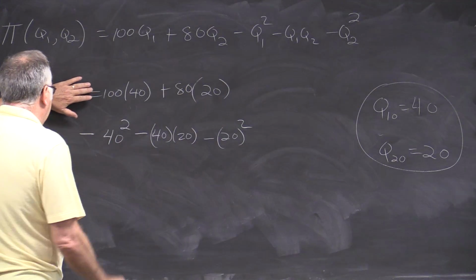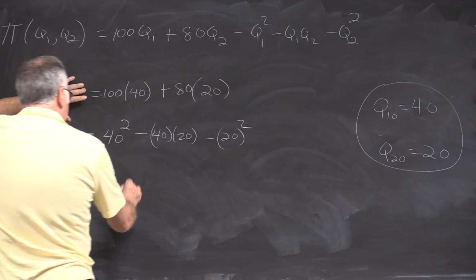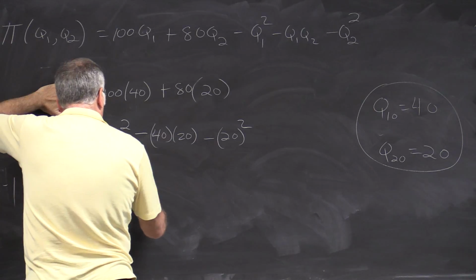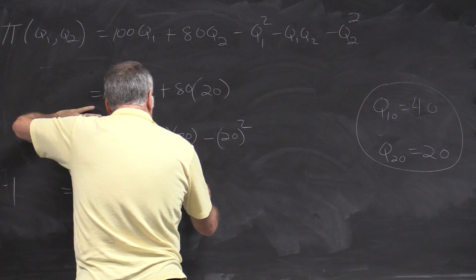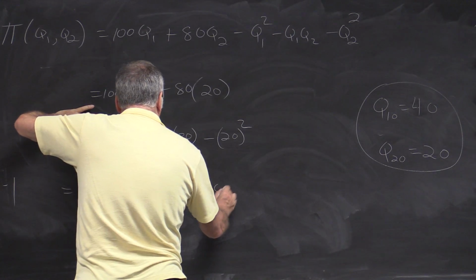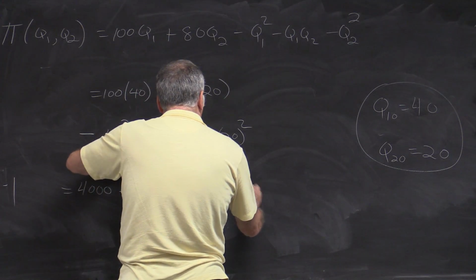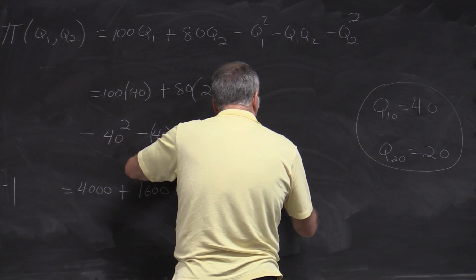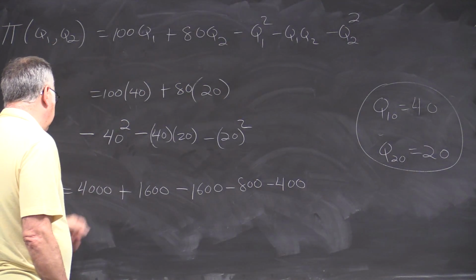So what will this be? 4,000 plus 1,600. Watch me make sure I don't make a mistake. Minus 1,600, all right, 40 squared. Minus 800, minus 400.